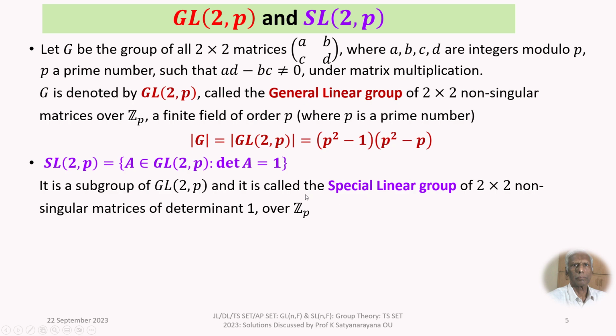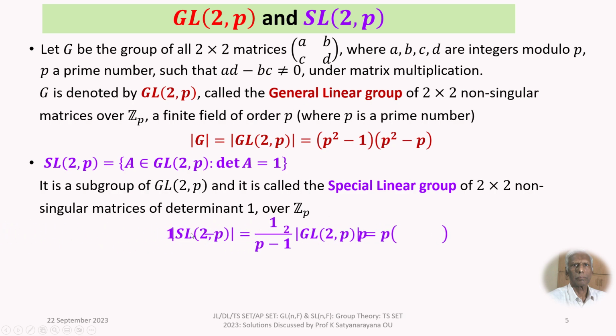It is a subgroup of GL2(Zp) and it is called the special linear group of 2 by 2 non-singular matrices with determinant 1 over Zp. That means the entries are coming from Zp. And what is the order?